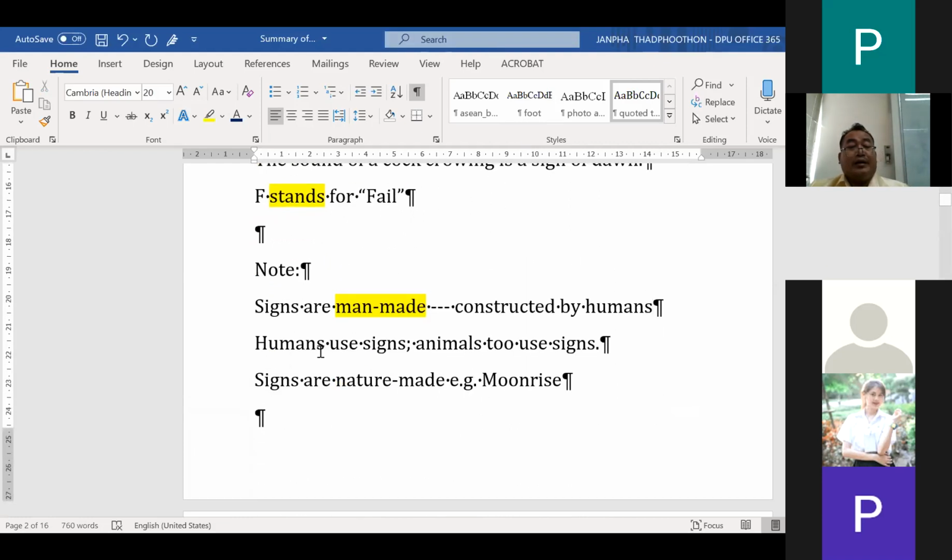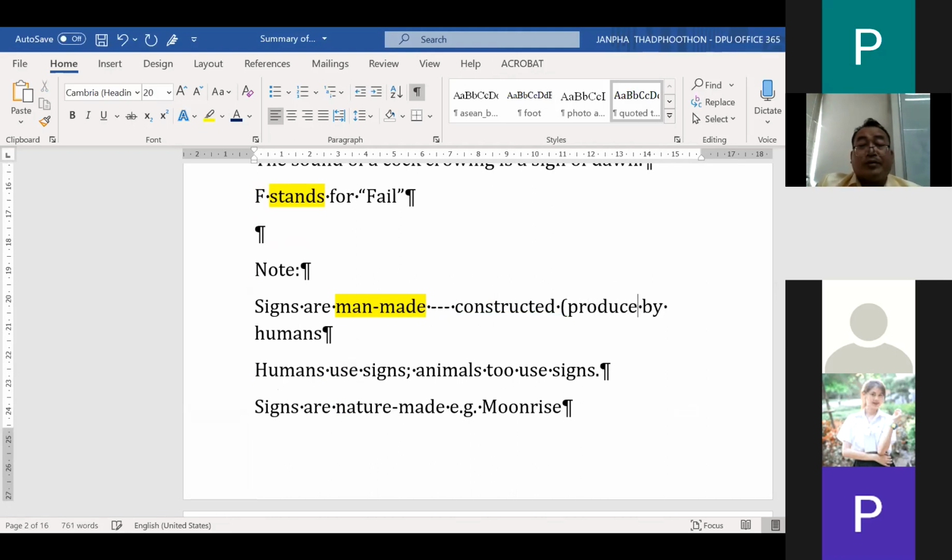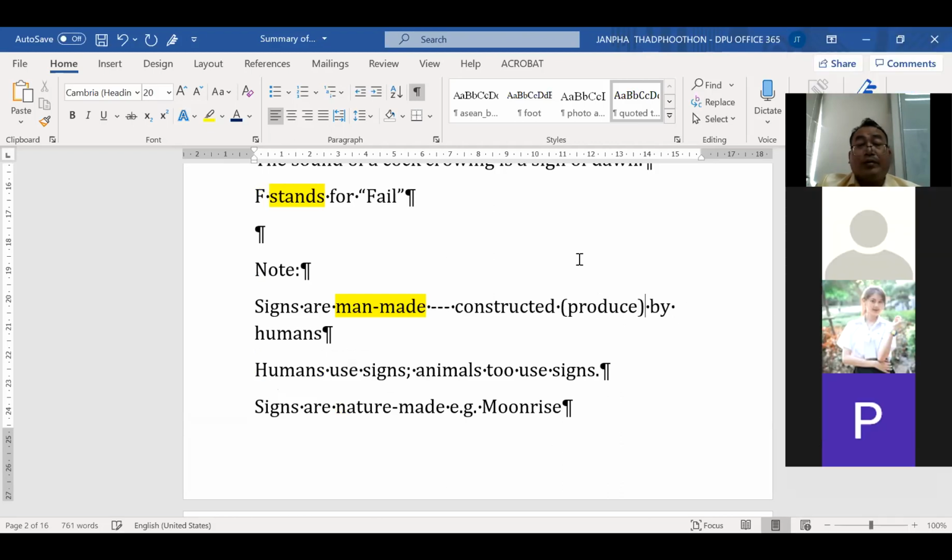So we actually use and produce signs, symbols, icons, and things like that.